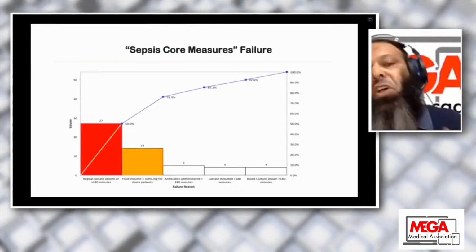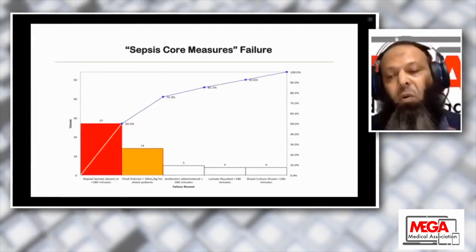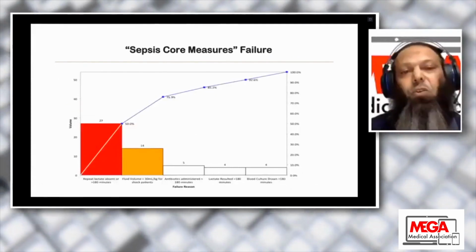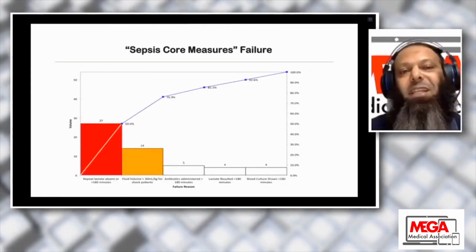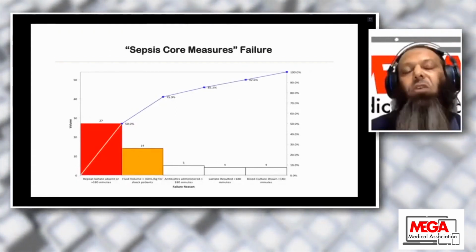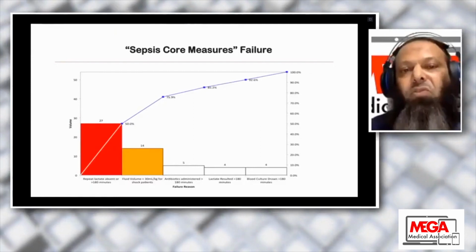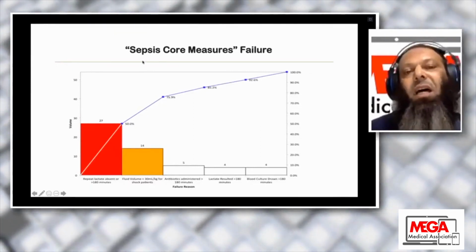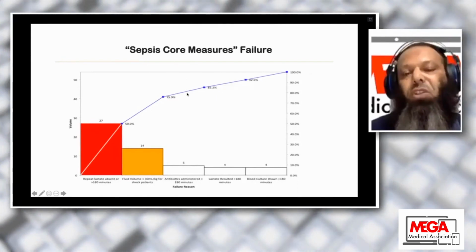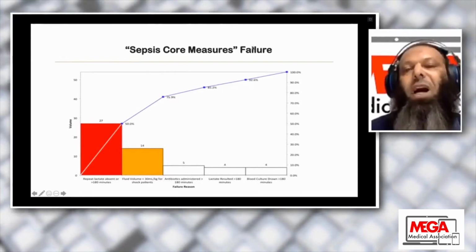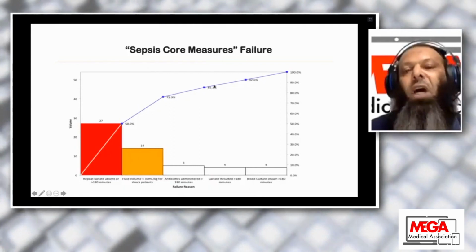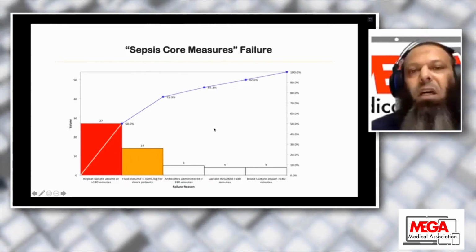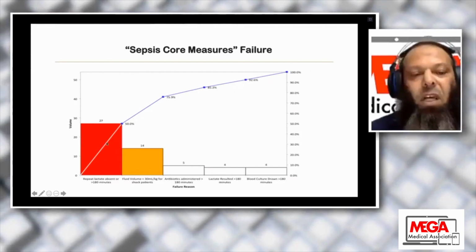And measuring the hour 1 bundle is very important to know where you are standing. Are you succeeding? Are you compliant with the 1 hour bundle? So this is a study measuring the sepsis score measures and why they fail to be compliant, and what the components of failure are.